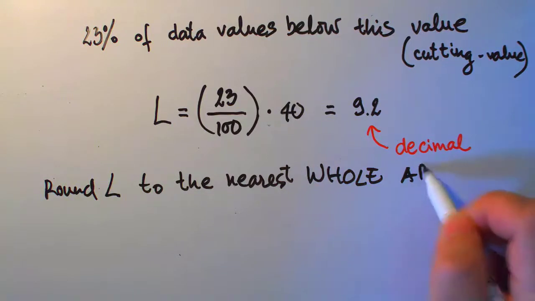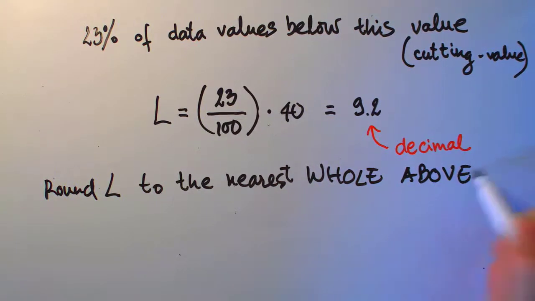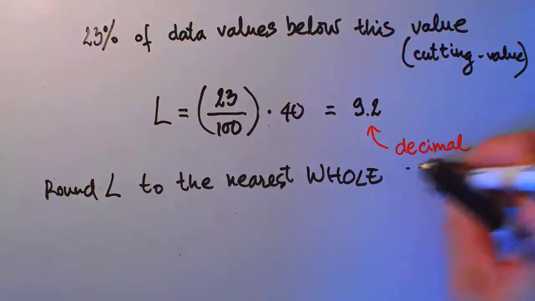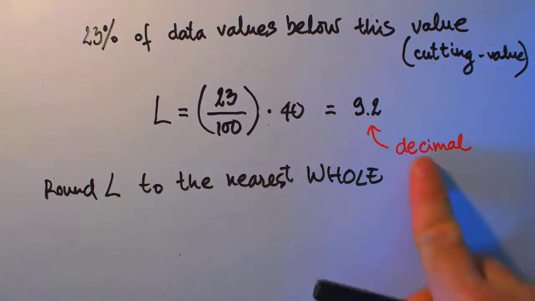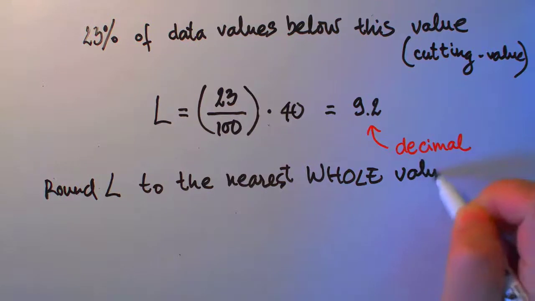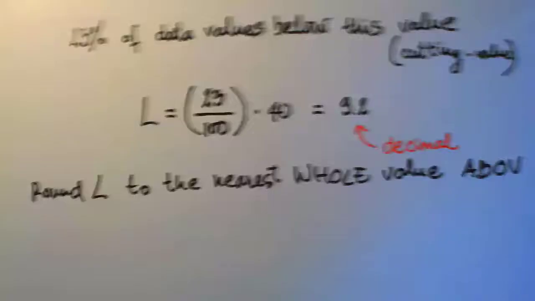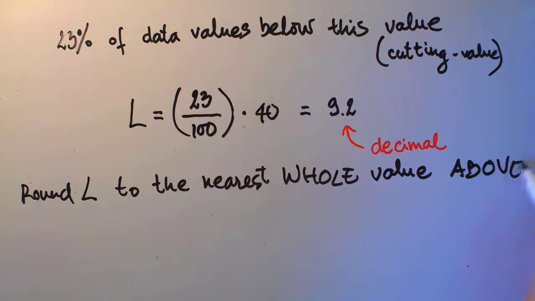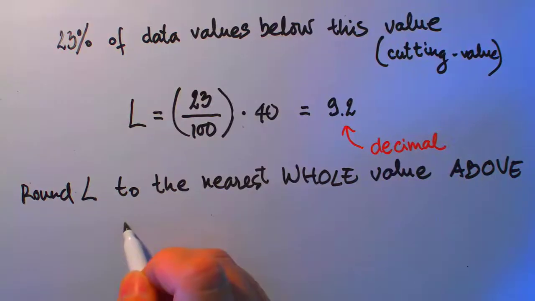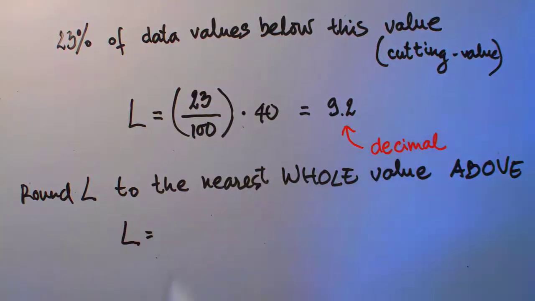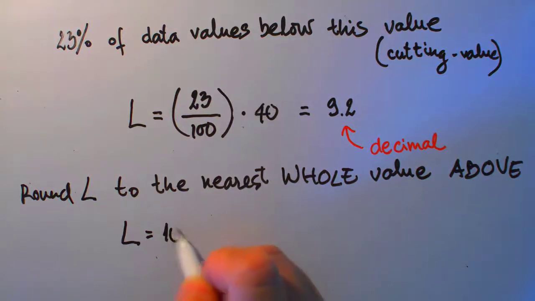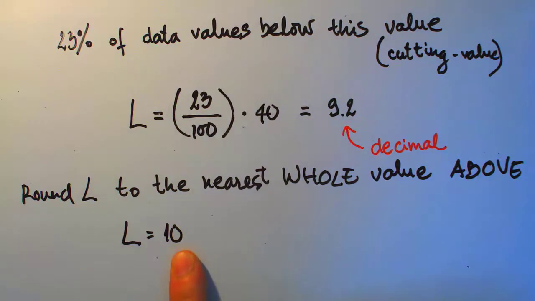So two requirements: we round to the nearest whole value, and it must be above what it currently is. For that reason, I am going to round my locator to 10, which is the nearest whole value above.